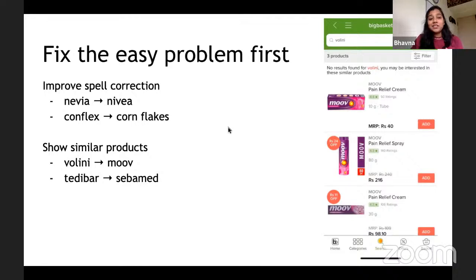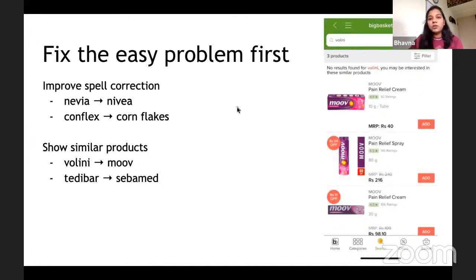But let's say you do not have much time and you have to fix at least a few queries very quickly. What you could do is build a manual spell check, where you do one-to-one mapping: for this spelling of Nivea, correct it to this spelling of Nivea.